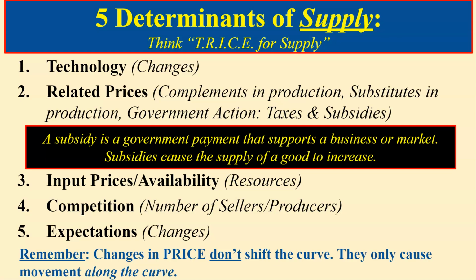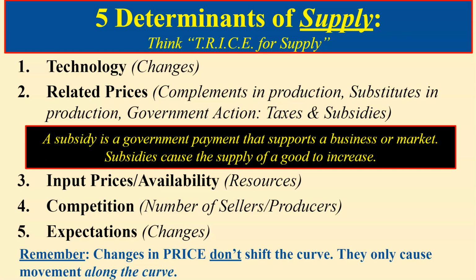We also have government actions related to prices, much like we saw with the prices of related goods that can shift demand. Related prices here include subsidies and taxes by the government. If the government increases taxes, the supply curve is going to shift inward, leftward, because you're not going to produce as much. If you cut taxes, that's going to shift supply outward.